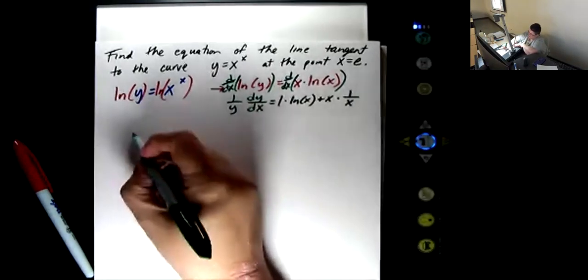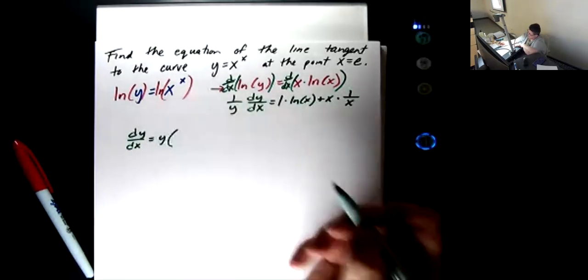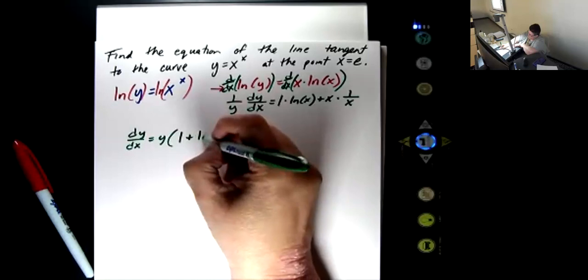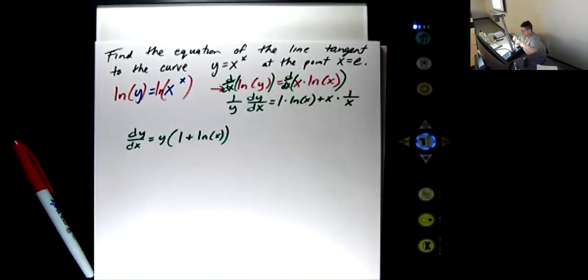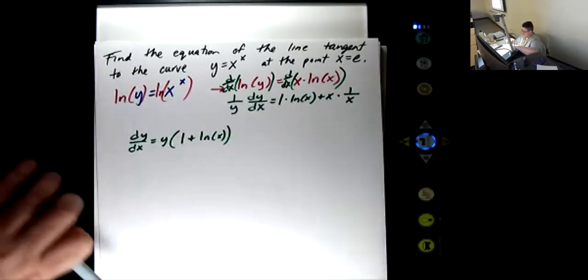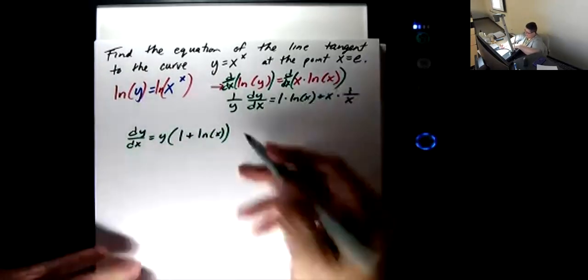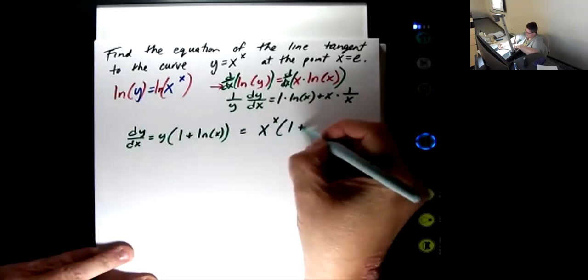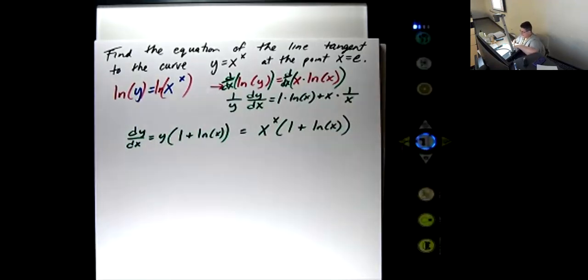So dy dx equals y times natural log of x plus 1. I'm going to write it as 1 plus natural log of x, because sometimes that 1 gets confused for the something inside the natural log. And that means this is x to the x times 1 plus natural log of x, because that was what y was.